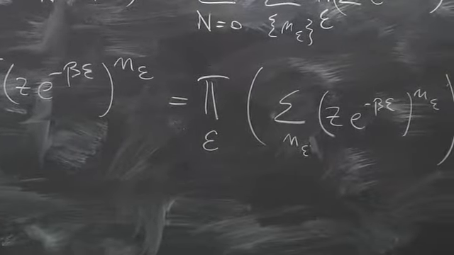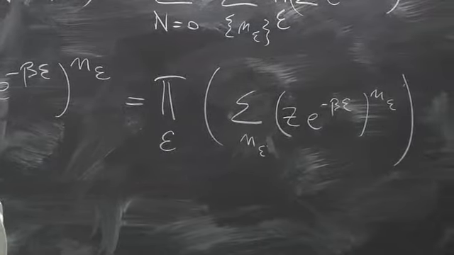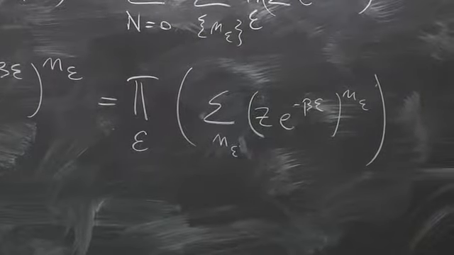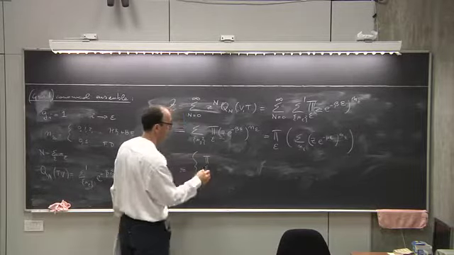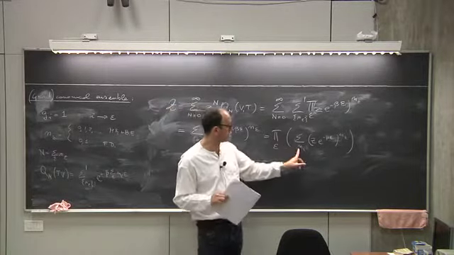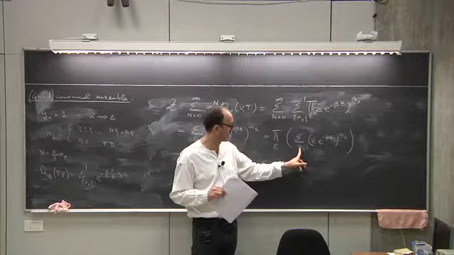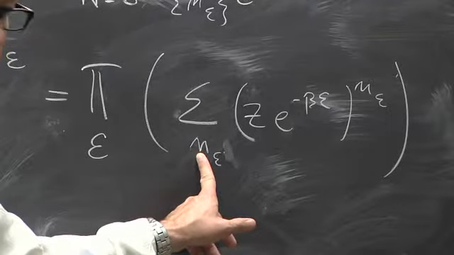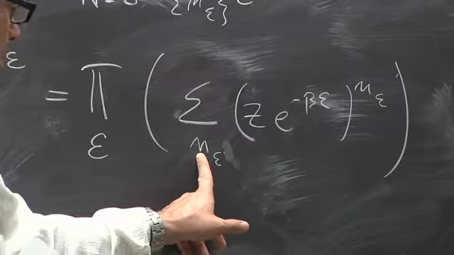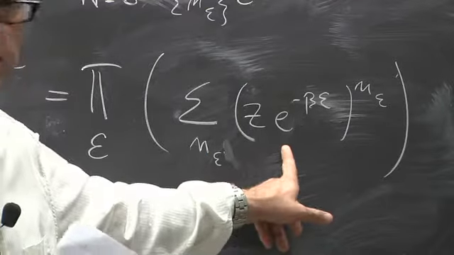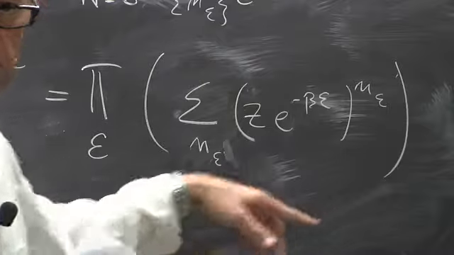In particular, in the Bose-Einstein statistics, this sum over n epsilon goes over all the non-negative integers, including 0. So this is just a geometric series.